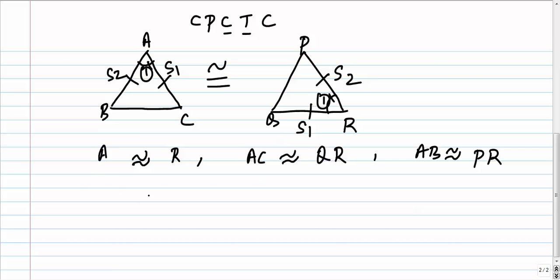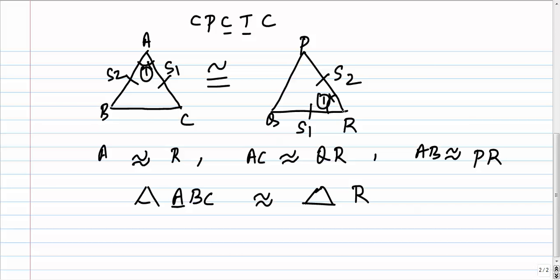Now how do you mention? If I take here ABC, I want to mention it as congruent to triangle PQR. But if I write PQR, then the sequence will not match. So how do I write it? Let me see what is the corresponding point to A. You can see that the corresponding point is R. Now what is AC equal to?